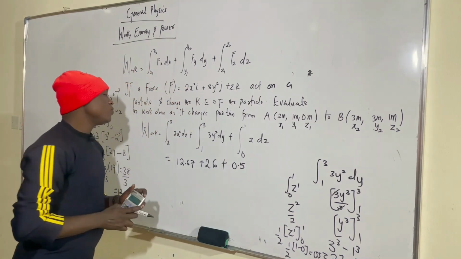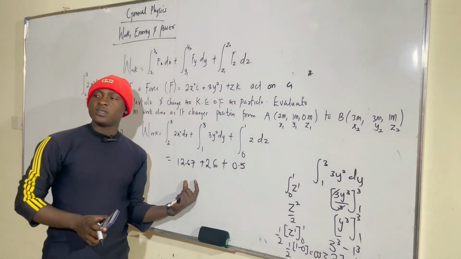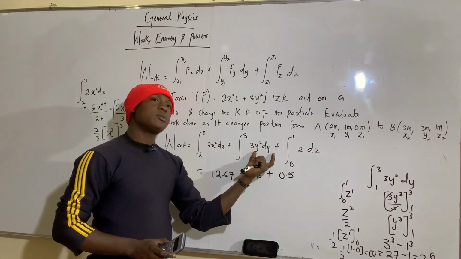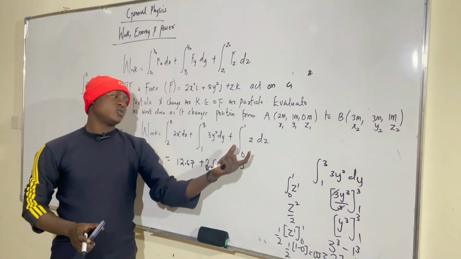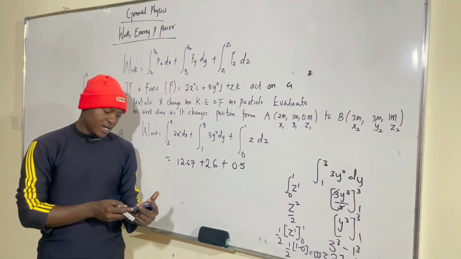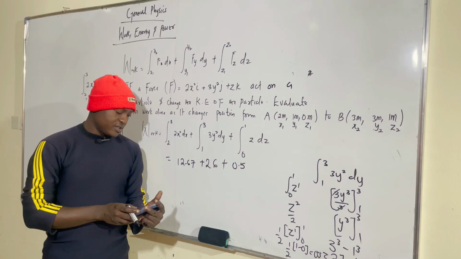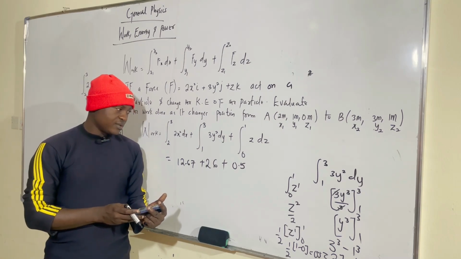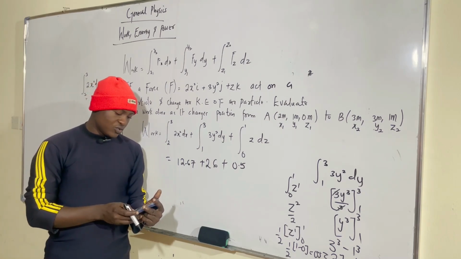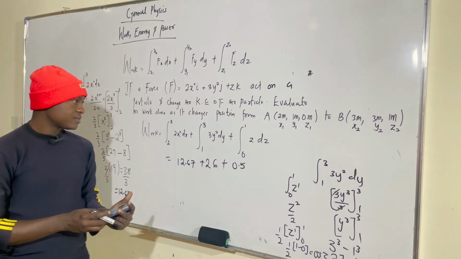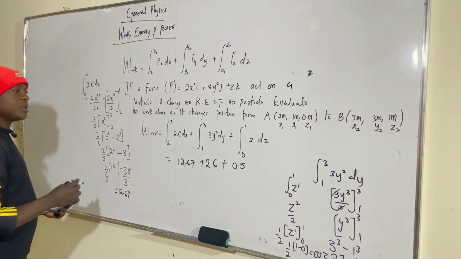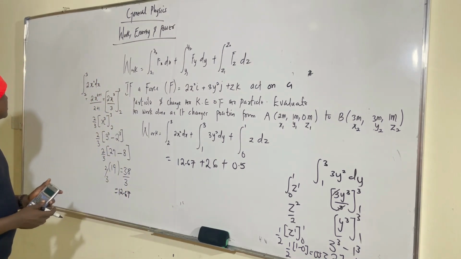So now, when we solve the first one, we got 12.67. When we apply the second one, we have 26, and the third one we have 0.5. So let's add the 3 together now. 12.67 plus 26 plus 0.5. So what we have here is the first one we have. Confirm the result.